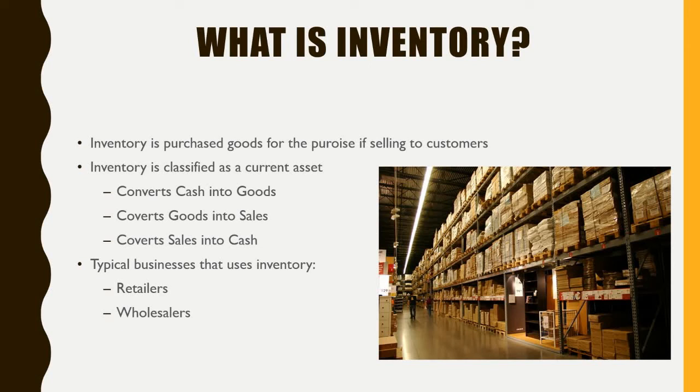Everything's the same, where when we are doing business as a retail store, we're usually buying merchandise that's already made for us and we're just reselling it, right? So in this case, we're essentially buying goods with cash and we're going to convert that goods into sales and that sales back into cash. Okay, essentially that's the main goal here, right?